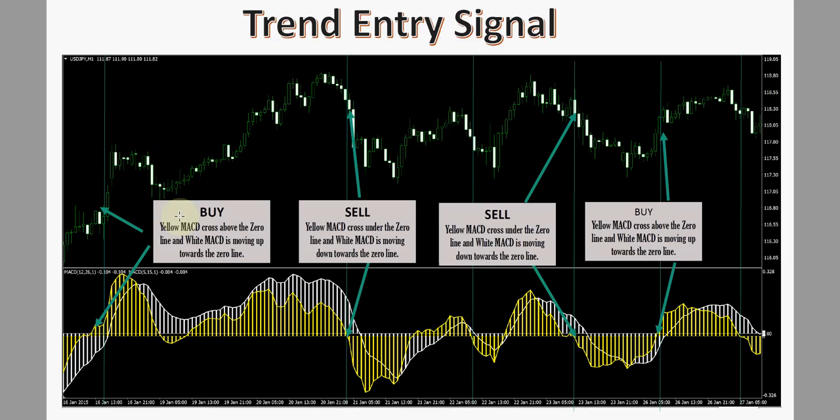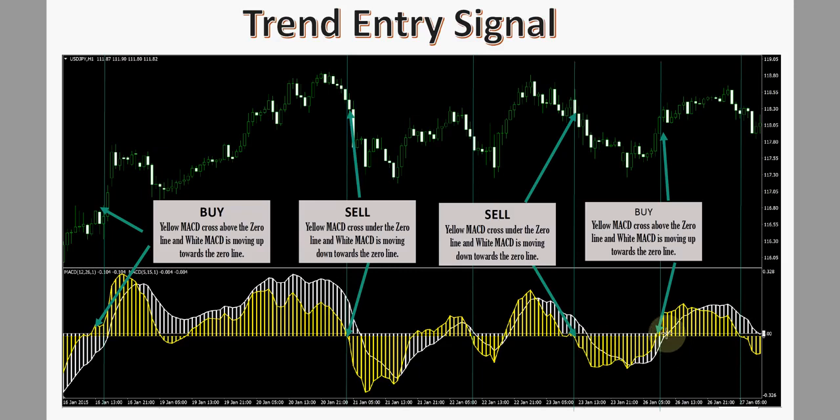So here you have a buy signal because the small one has crossed and the white one is pointing the same direction. Similarly here, the yellow MACD has crossed downwards and the white MACD is pointing the same direction, a sell signal from here. Similarly, a sell signal from here. Yellow has crossed down, the big MACD is also pointing the same direction.